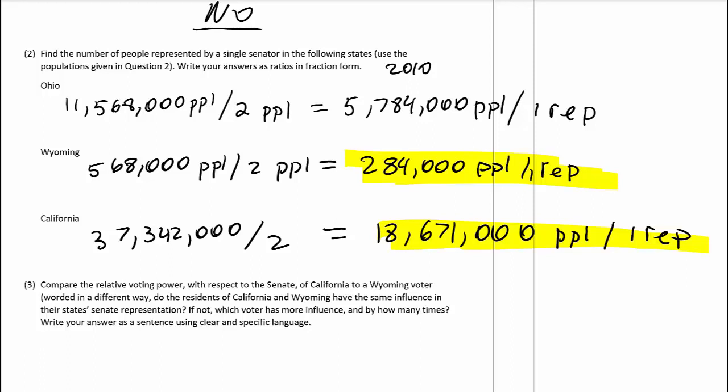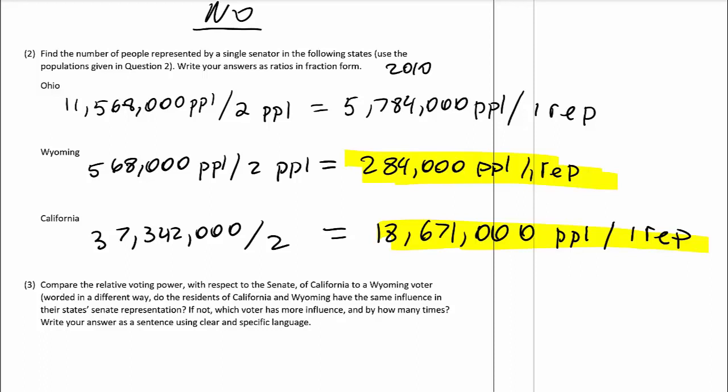Because fewer people are represented by that one senator. So theoretically, these voters have more power in choosing that person.